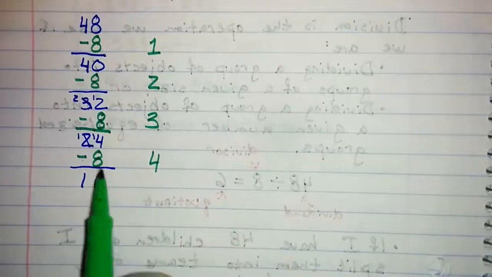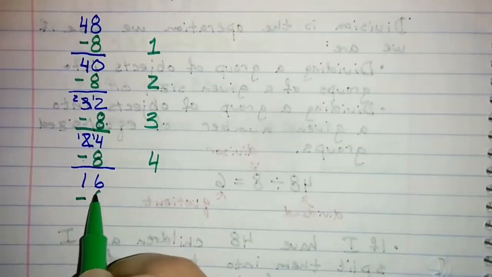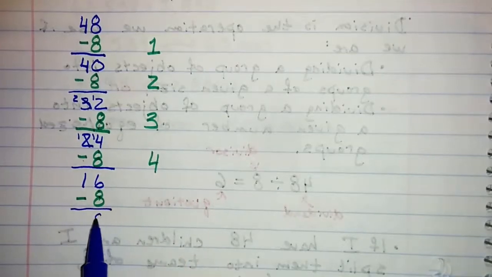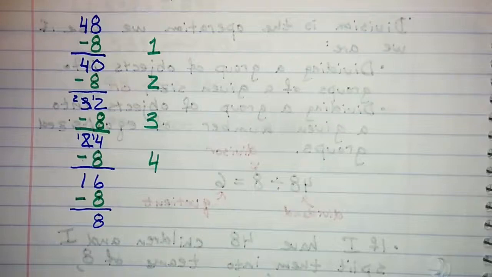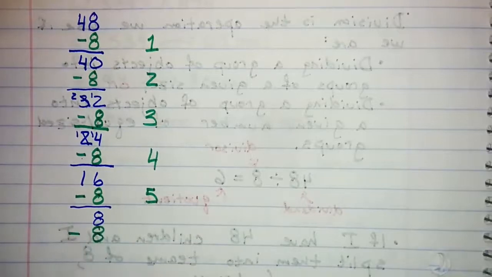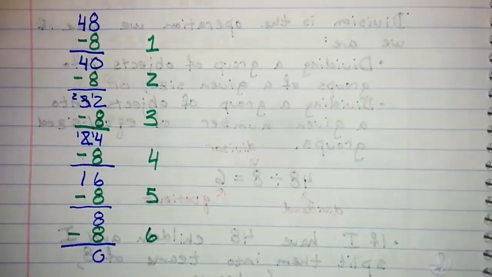That was my fourth group of 8, and I have 16 children left in the group. Take away another group. Oh, I've only got 8 children left. So here's my fifth group. I pull the last 8 children out. There are none left in the group, and I have 6 teams of 8.